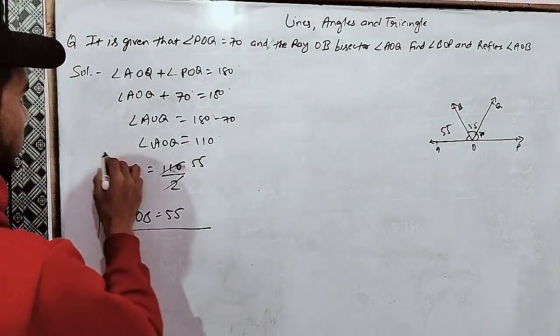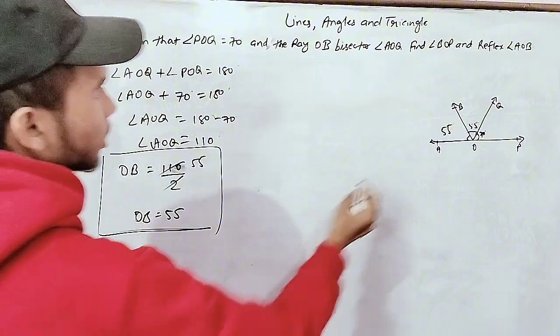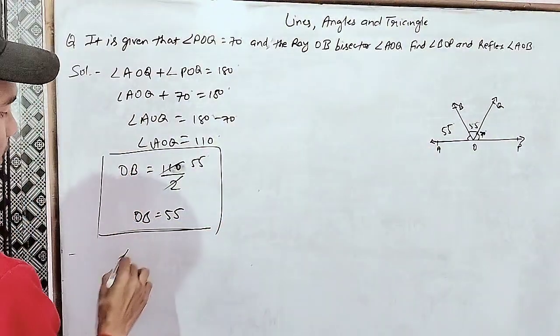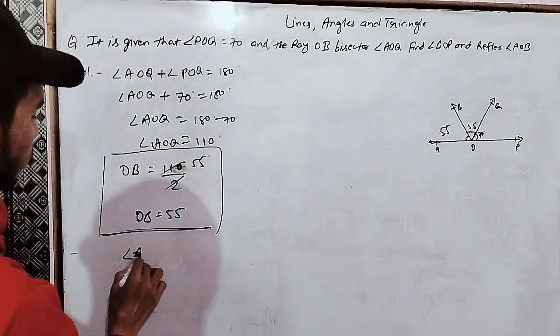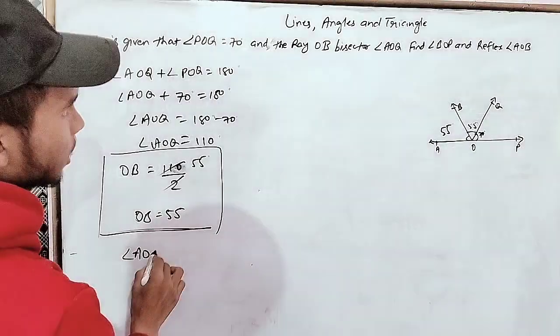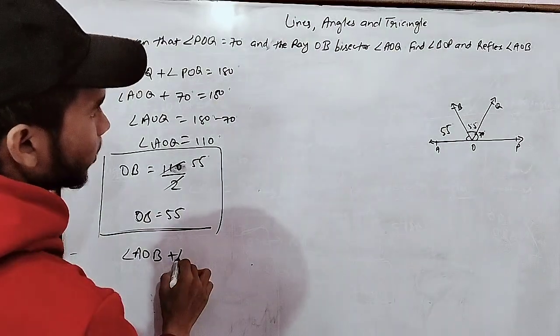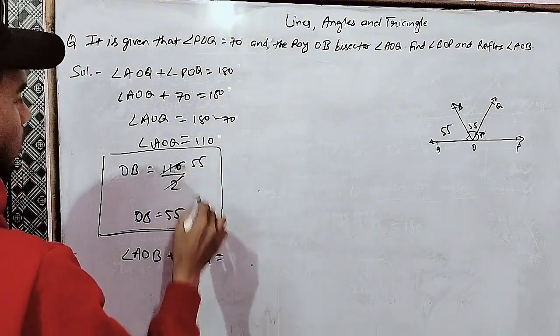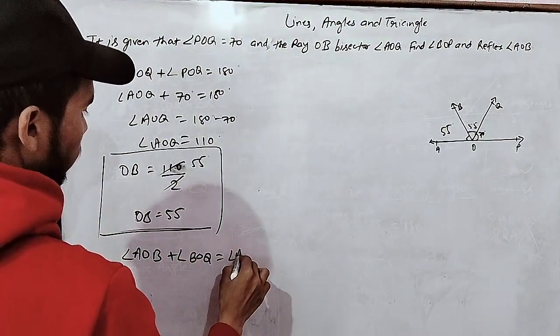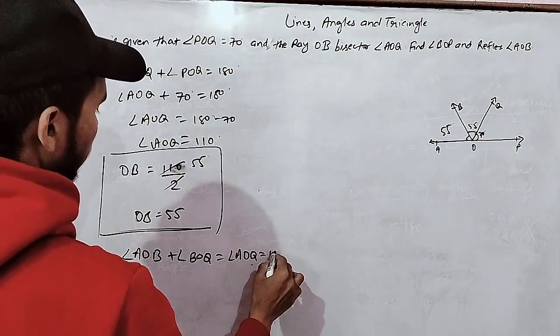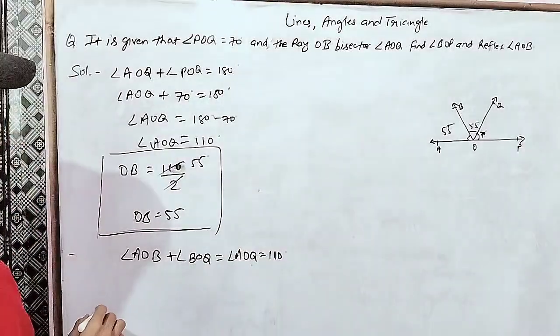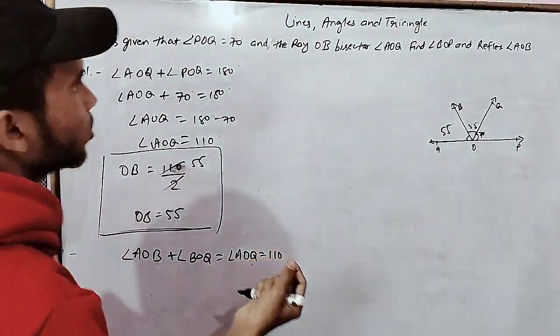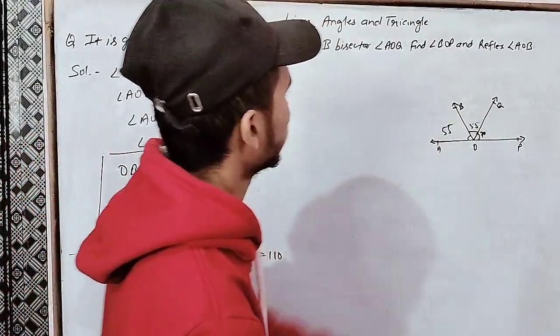Otherwise, we have a second method to find the value of this angle. We can write angle AOB and angle BOQ also like that. Now we have to find out only one value.